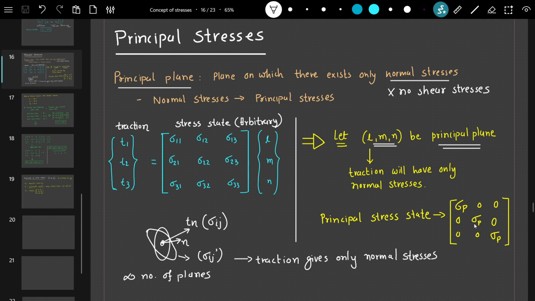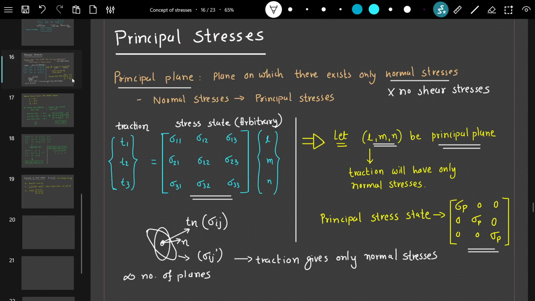These diagonal normal stresses are called principal stresses, and in matrix form we can describe the state like this. So this is the arbitrary stress state. Please note this difference, and this is the principal stress state. Let's move on.